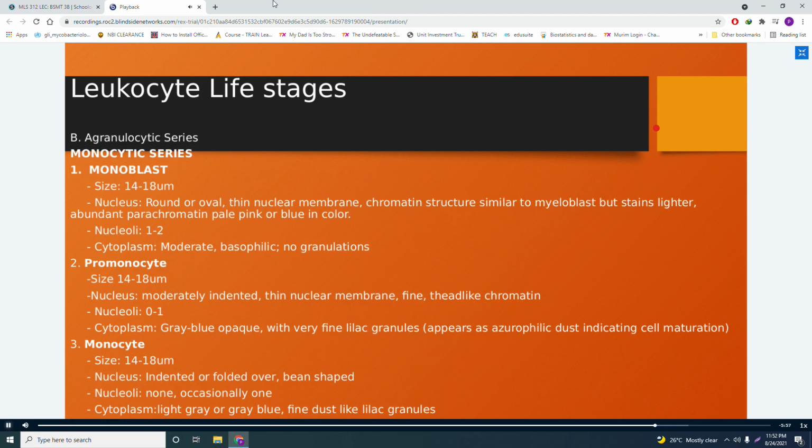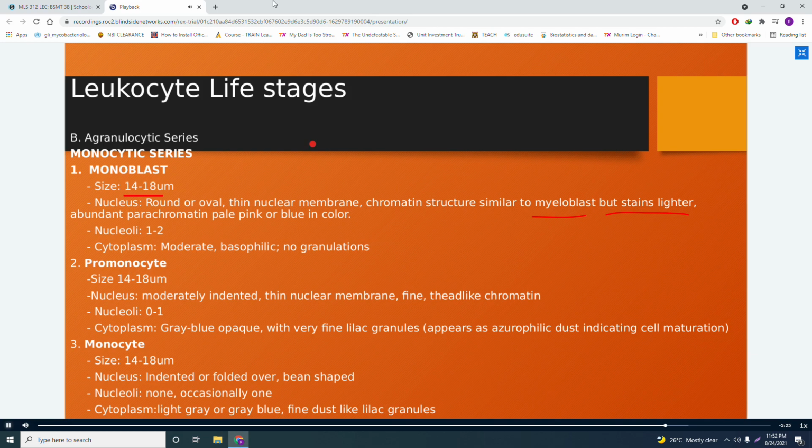Next class, we have your monocytic series, starting with your monoblast. Now class, monoblast has a size of 14 to 18 micrometer. The nucleus is round or oval, thin nuclear membrane, chromatin structures similar to your myeloblast, but stains lighter.